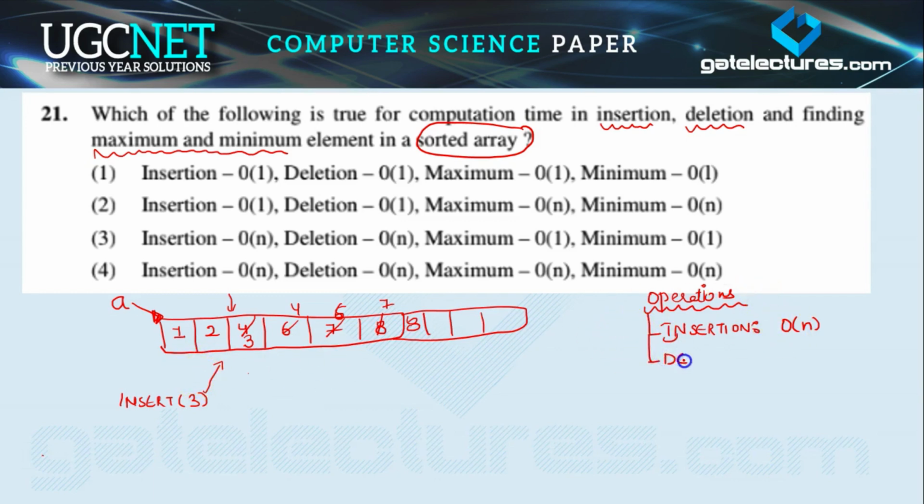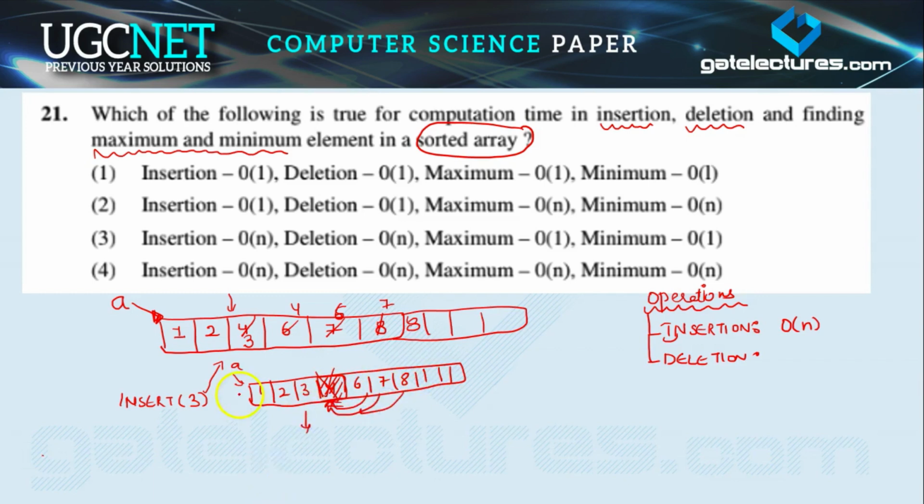In the same way, deletion is going to happen. So if the resultant array is like this, 1, 2, 3, 4, 6, 7, and 8, and some space is there in the array. Now if I want to delete this key from the array, then this block becomes empty. So all the elements present after this are going to be left shifted, right?